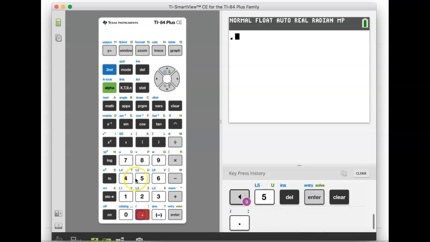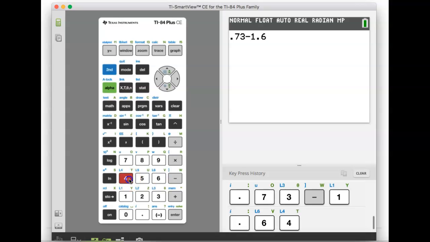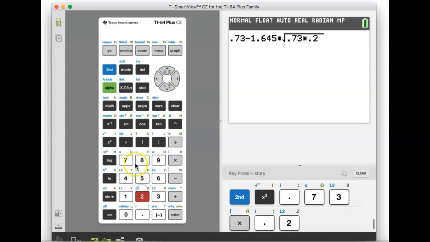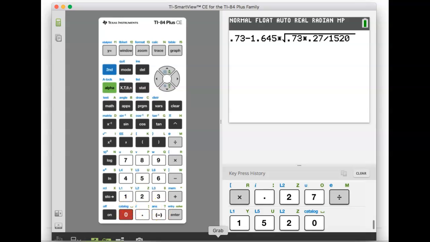If I type in 0.73 and I do the minus 1.645 times the square root of 0.73 times 0.27 divided by 1520. All right, this should give me the lower endpoint of my confidence interval, right? Enter. Just going to write that down, 0.711.